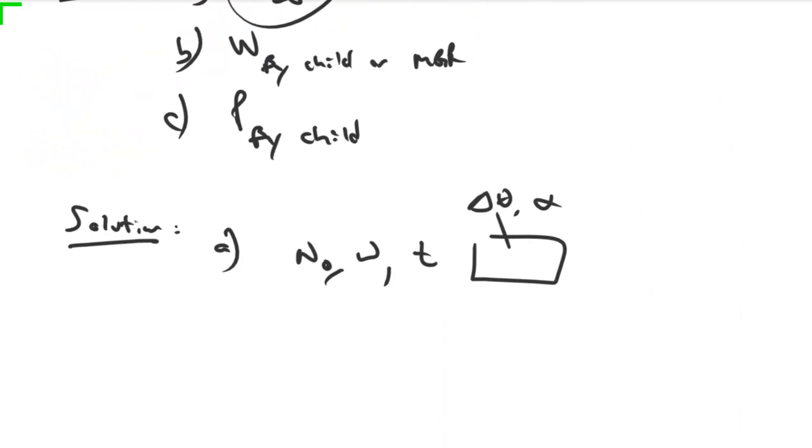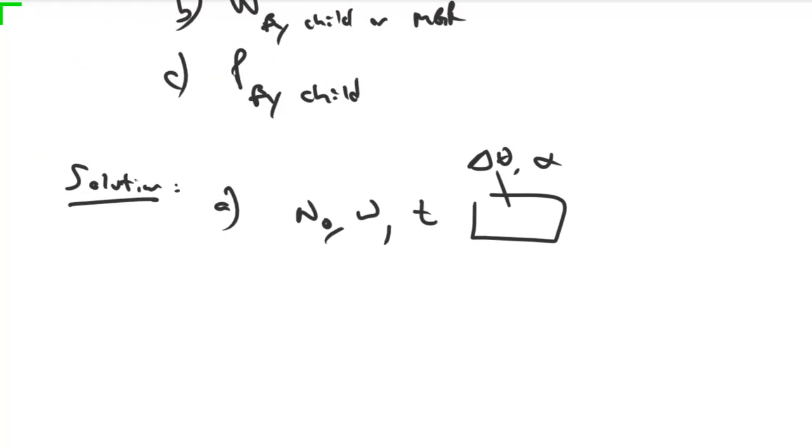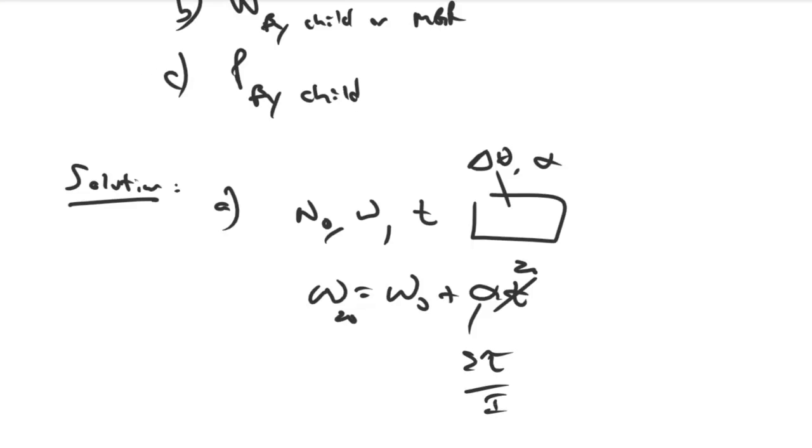So the most straightforward way to go about it, and there are other ways, is we can use omega equals omega naught plus alpha t, where this is going to be omega 20, and this is 20 seconds. And this alpha will be the net torque divided by the rotational inertia, because this comes from torque equals I alpha, Newton's second law for rotation.